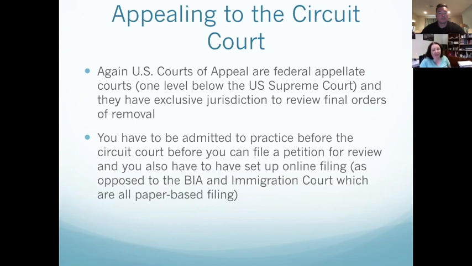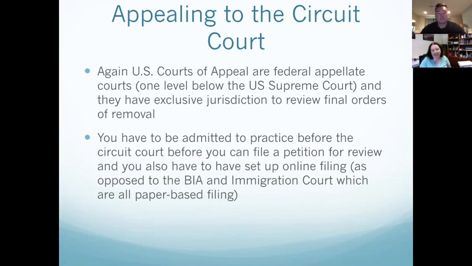And obviously, you have to be admitted to practice before the Ninth Circuit before you can file with them, as opposed to the BIA. With the BIA, there is an e-registry thing that you're supposed to do, but if you're not set up on e-registry, I think you can still file in front of the immigration court and BIA. It's not like you have to be admitted to practice in front of the BIA or the immigration court.